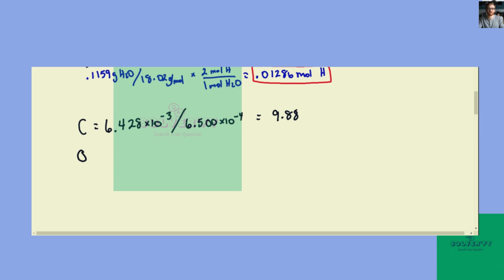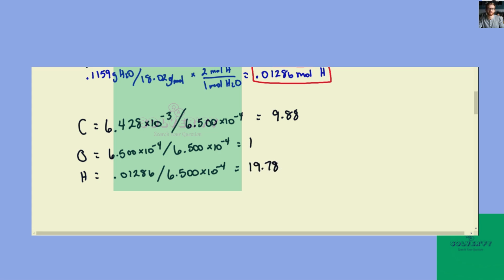For oxygen, we had 6.5 times 10 to the minus fourth. I'm dividing it by itself. So this should give me 1. If you don't get 1, you did something wrong. For hydrogen, we have 0.01286. Again, dividing by 6.5 times 10 to the minus 4. And this gives me 19.78.